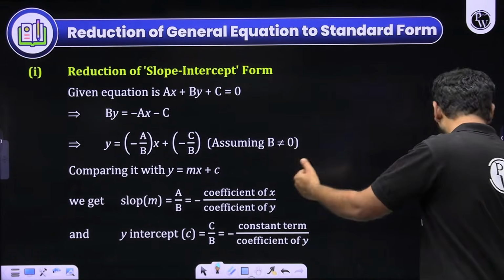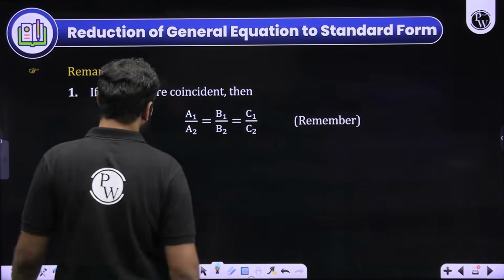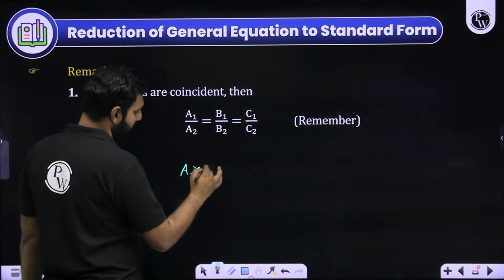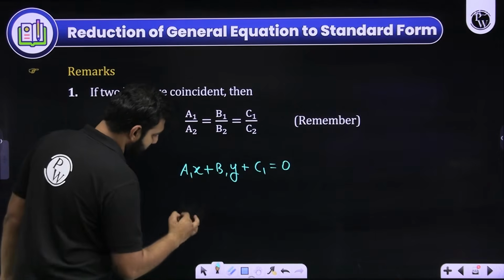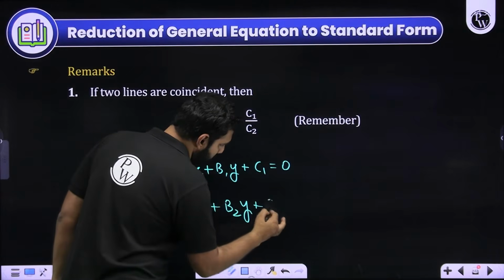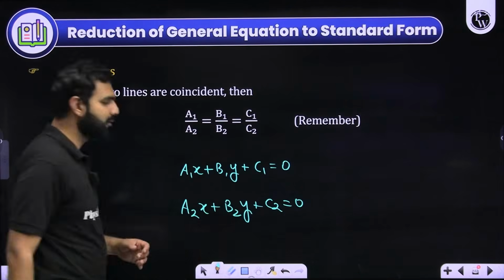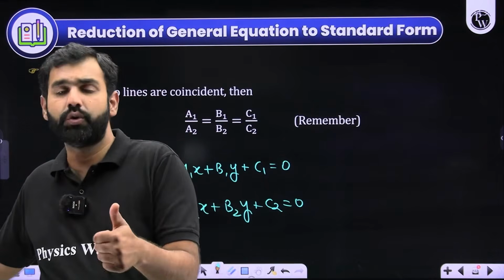That's exactly what we have discussed. I hope you remember. Let's say we are given two straight lines. The first one is a1x plus b1y plus c1 is equal to 0. The second straight line is a2x plus b2y plus c2 is equal to 0. When you deal with different methods of solving two linear equations in two variables, we know substitution or elimination.